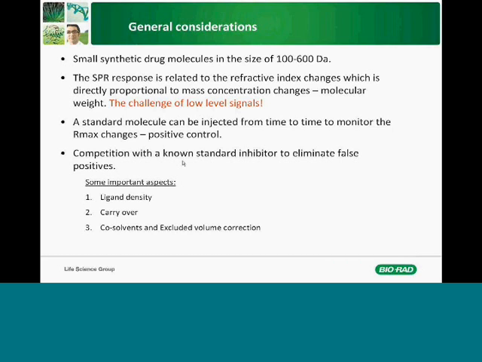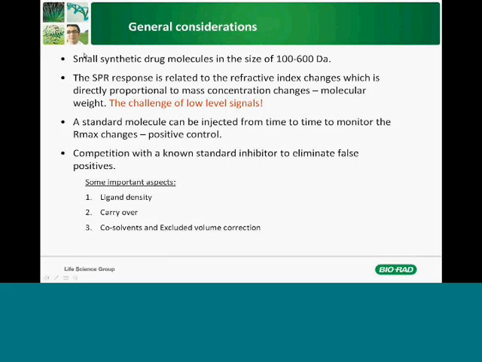So if you're doing a competition assay with an inhibitor that is known to bind into the binding site, and the signal is lowered, you know that these two compounds compete on the same binding site, and you know that it is a specific inhibitor and not a false positive.